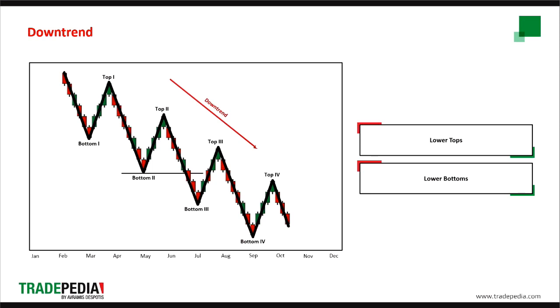But no book will explain to you guys how to correctly and objectively identify the right tops and bottoms in the market. Correct? The prerequisite for identifying a trend correctly is the ability to identify the correct top and bottom in the market.